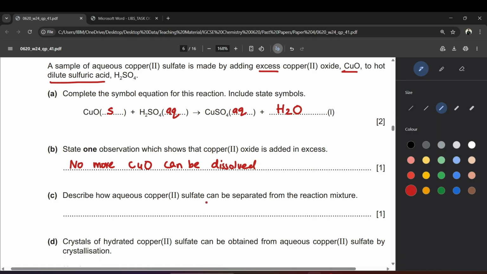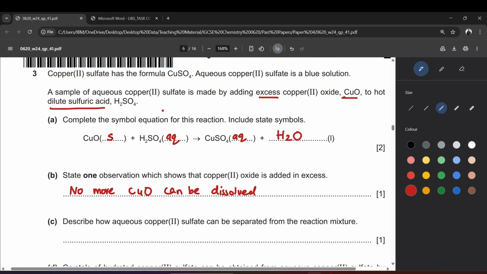Describe how aqueous copper 2 sulfate can be separated from the reaction mixture. Now, if you recall the four-step method that we have studied during neutralization, the first step was that you add excess of your base into your acid. The second step was to filter the mixture, so that now you can remove your excess base, which was not dissolved, and you can separate your solution.